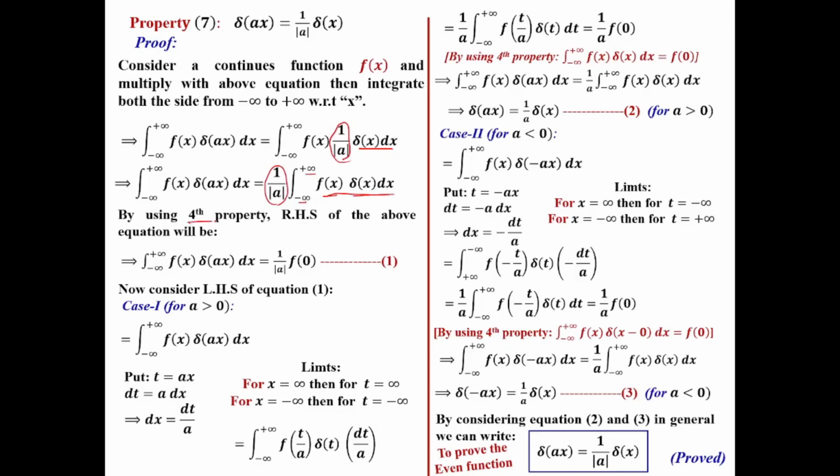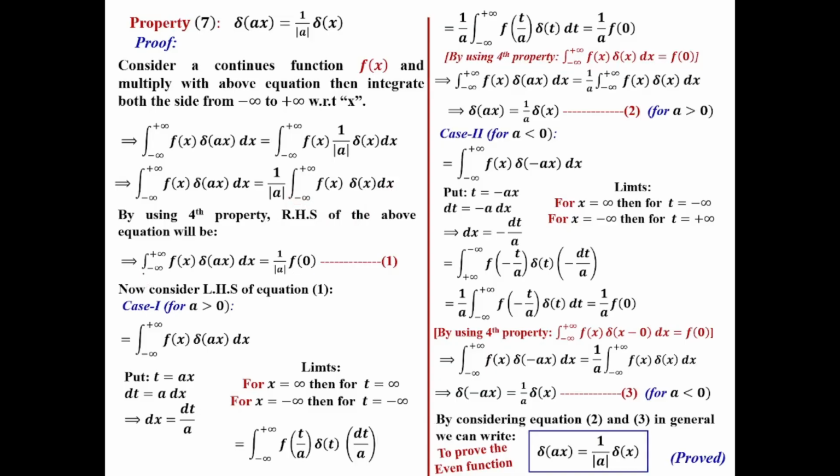Now we are going to use the fourth property on the RHS. The LHS I have written as such over here. The RHS will be 1 by mod a, and this integration value will be f(0) according to the fourth property. Here also I have written integral f(x) delta(x) dx equals f(0) according to the fourth property. So this value will be f(0). Let this be your equation number 1.